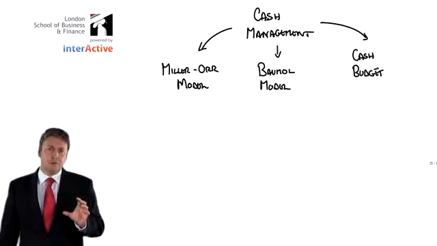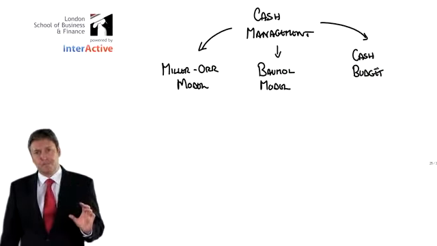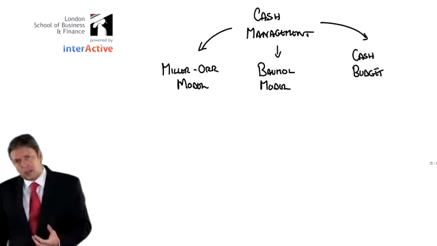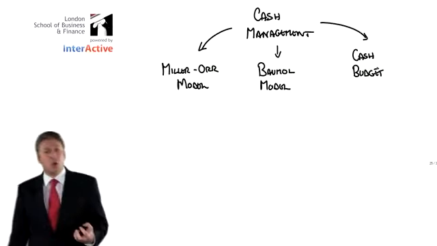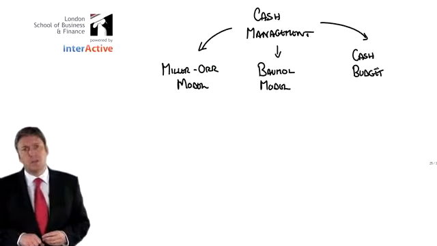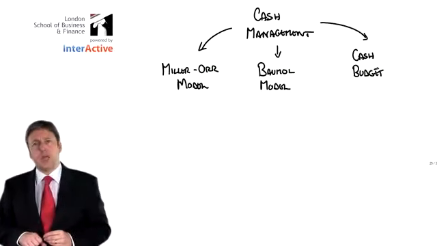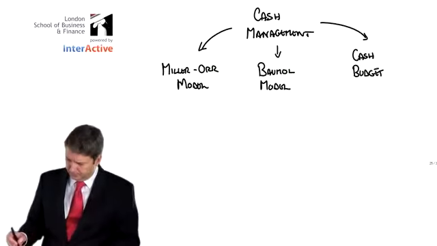You cannot avoid doing the cash budget and still get a solid mark in the exam. So, when we look at the cash budget, we're going to look at a very comprehensive example, maybe more comprehensive than you would expect in the exam, to look at all the details that may arise. But the first thing we're going to look at is to consider the Miller-Orr model.